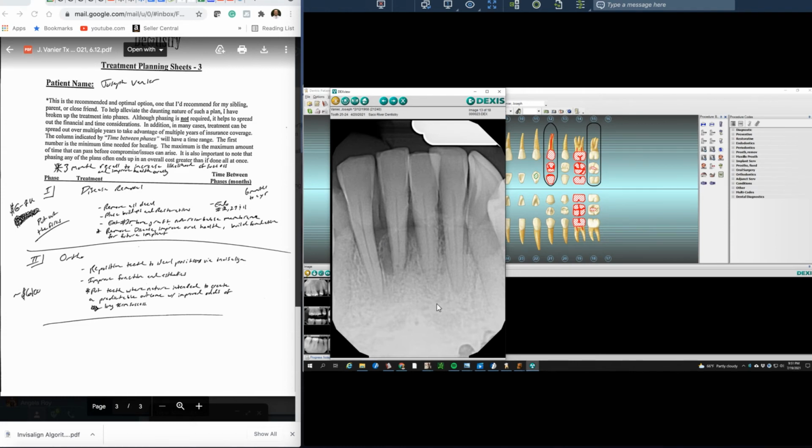I bet they're fine, especially 24, but 26 might have some issues. This will be something we're gonna have to plan out. If you put an implant in after you graft that, you probably will have much less bone than you thought.